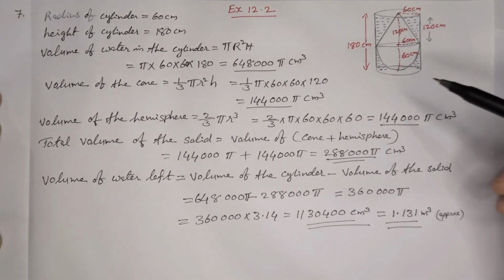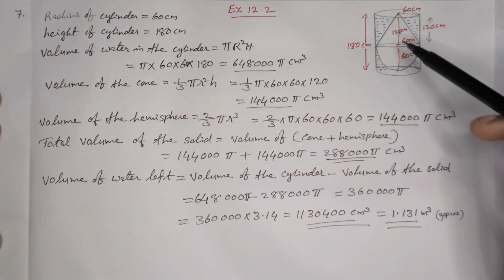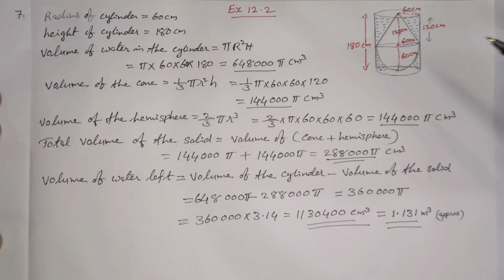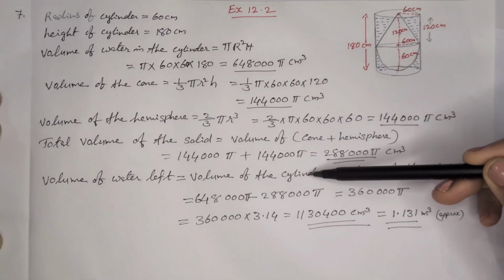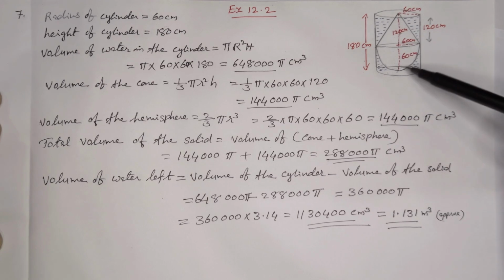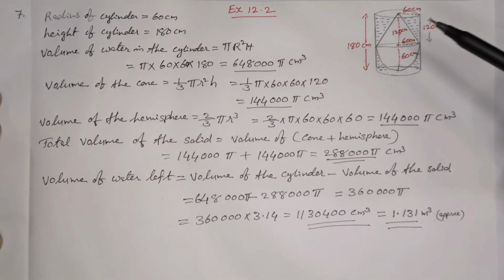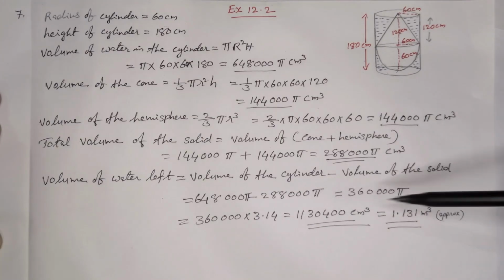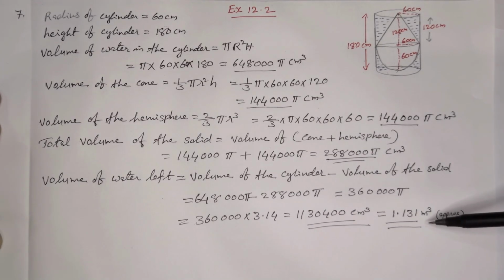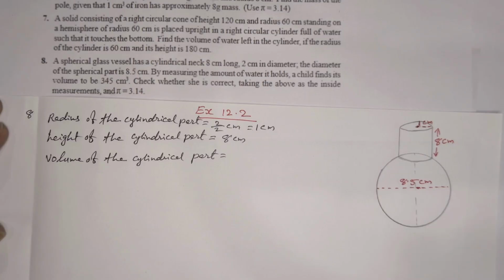To find water left in the cylinder, first we calculated the volume of the cylinder, then the volume of the hemisphere plus the volume of the cone. We subtract this solid from the volume of the cylinder, then take pi as 3.14 and finally convert to meter cube, which comes to 1.131.